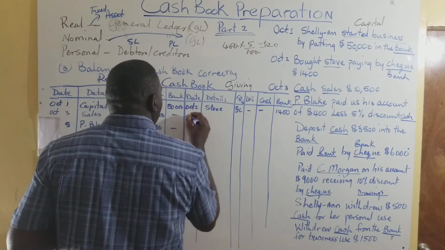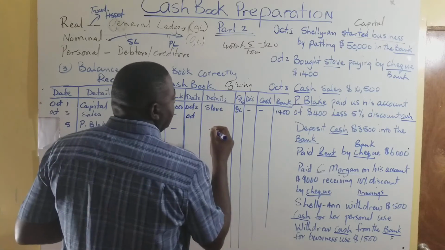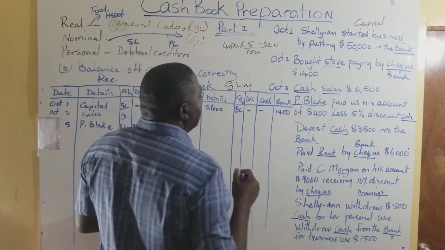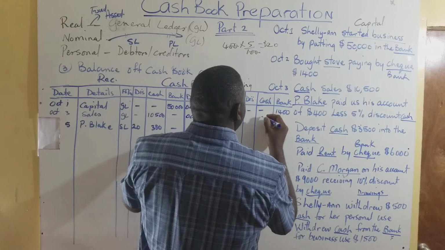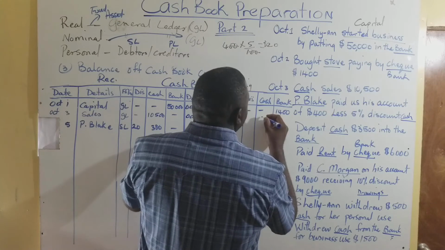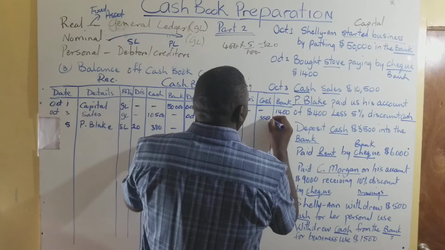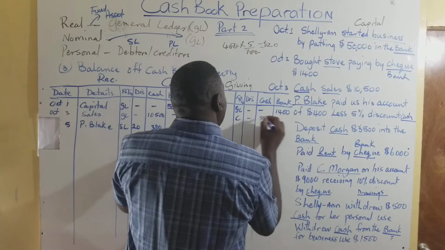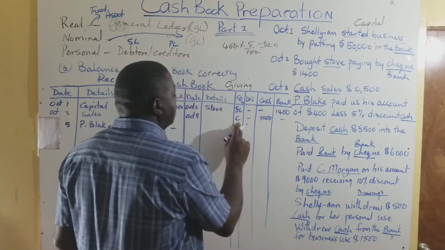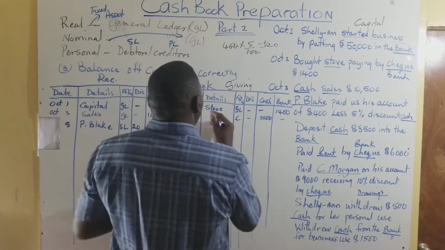We have October 8th, and we record 3,500. The cash is giving it. Of course, we have a C here, C representing contra entry, and bank is the name of the other account affected.